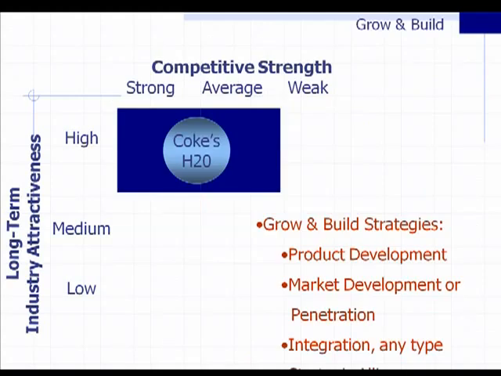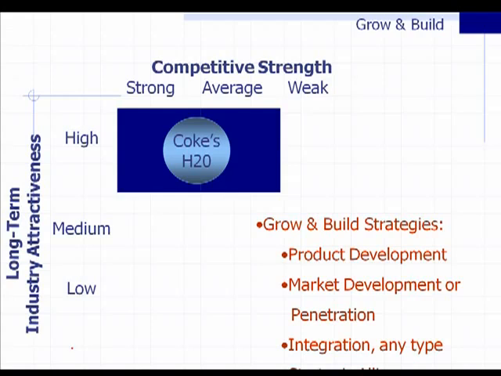So regardless of your thoughts on the prior argument, I think you'd probably agree that Coke's water, which is Dasani, falls again like Coke up in the grow and build types of strategies. It's a star product. It's high growth, good strategic positioning.